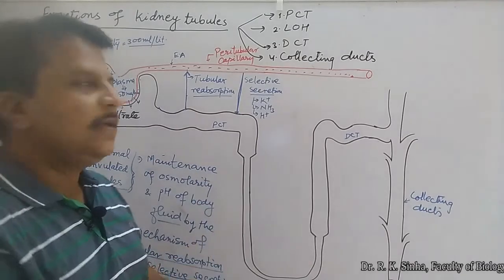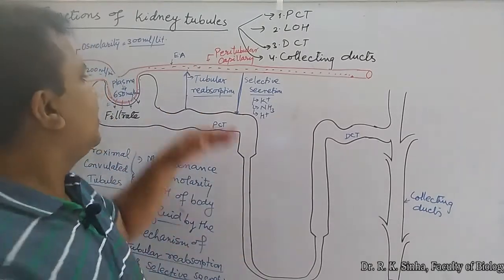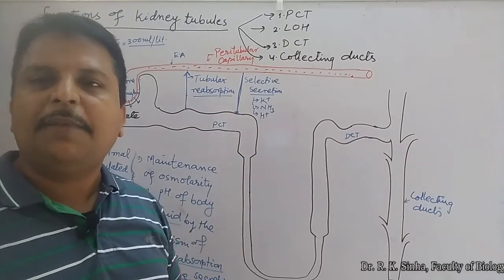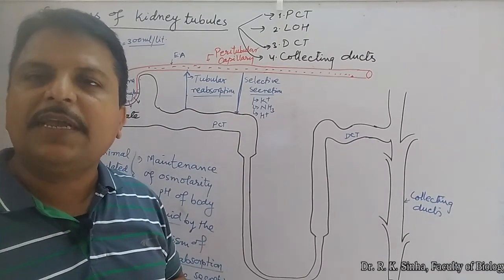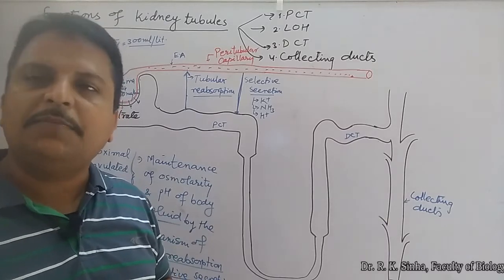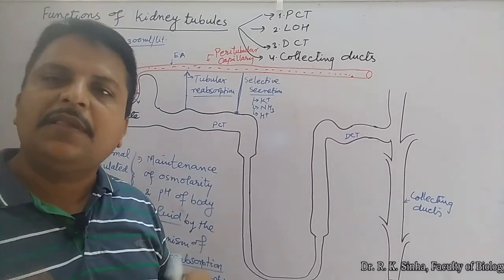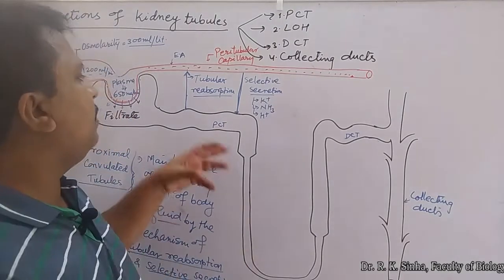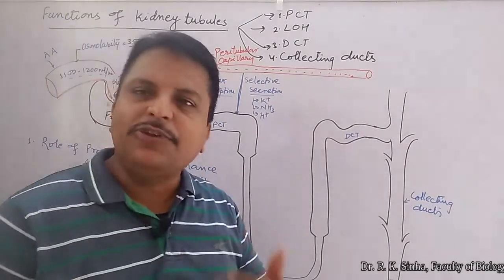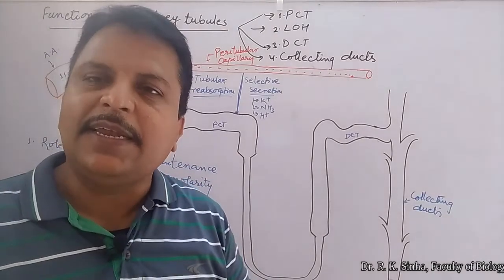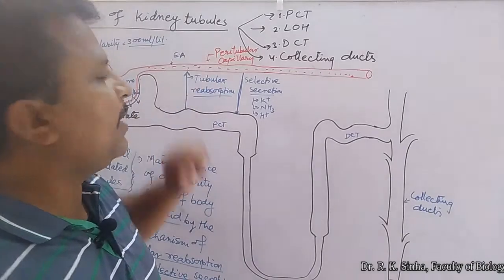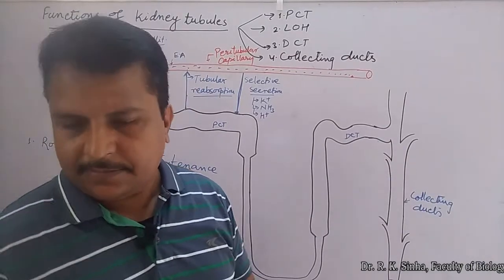What amount of material is actively reabsorbed, what kind of material is passively or osmotically reabsorbed, and what amount is reabsorbed by facilitated diffusion from this PCT into the peritubular capillary? Let us see.